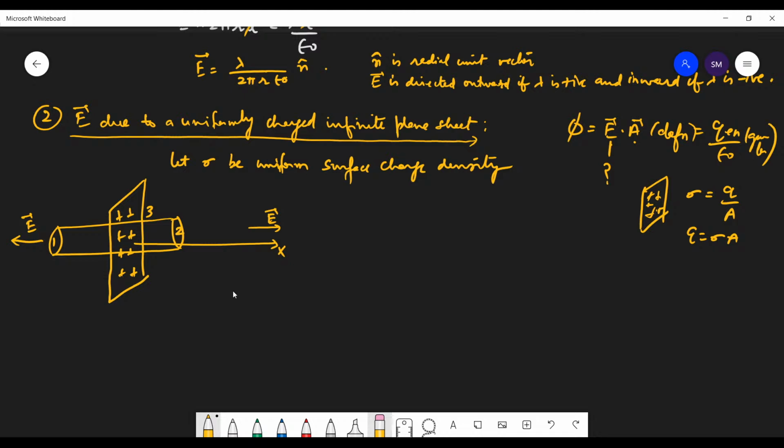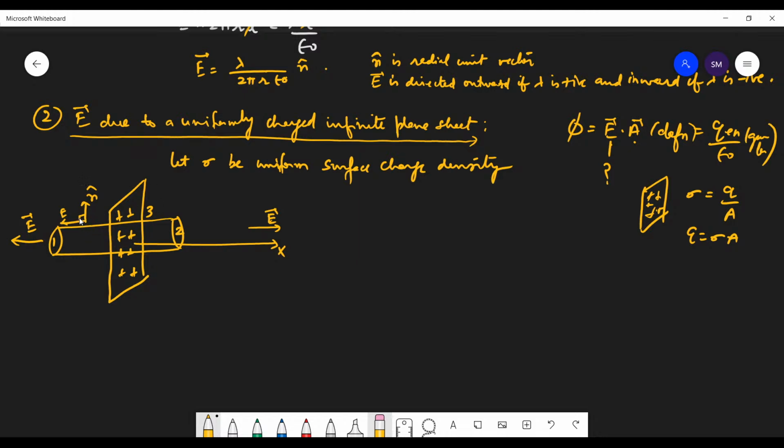Now the total flux will be the flux through all 3 surfaces, but through the curved surface, the direction is along the y direction and the field is along the x direction. So the angle between E and the surface normal is again 90 degrees, and the flux is 0 through this surface. There is no field line going out through the curved surface, which we can see clearly.